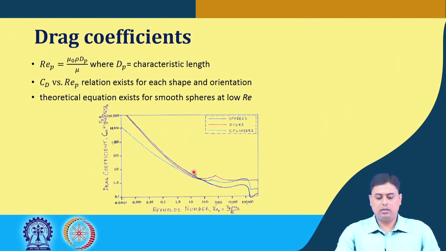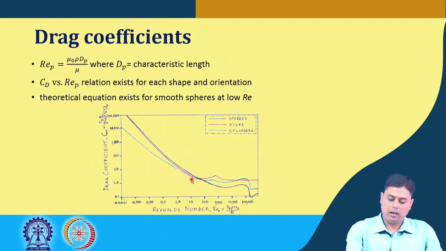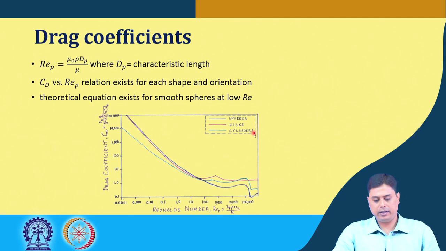So, this is a representative graph, or information, which changes with the particle orientation as well as the particle shape. The reason for coming back to this slide is that you can see that beyond particle Reynolds number 10, there is this complicated behavior of the drag coefficient with the particle Reynolds number for these well defined cases.